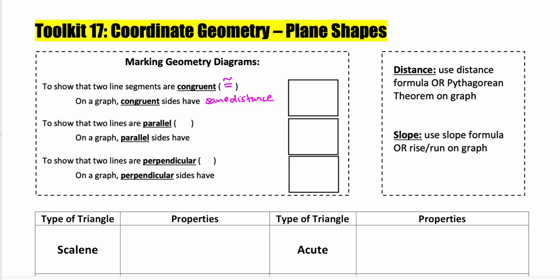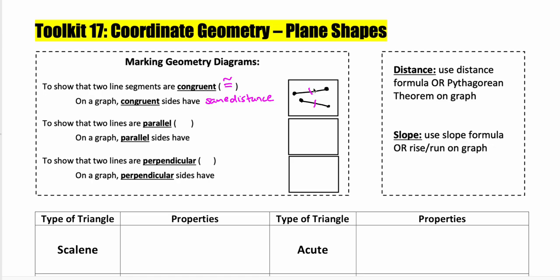Now on a picture, the markings, if I were to look at two line segments, so I'm going to draw two line segments. And the markings to show that the segments are congruent are tick marks. So I can have one tick mark and one tick mark. That means that these two shapes are congruent.